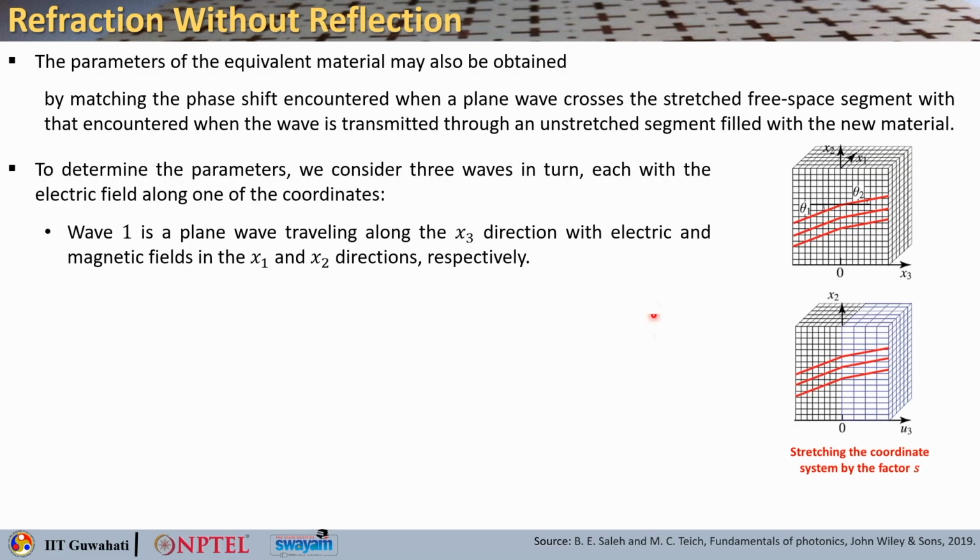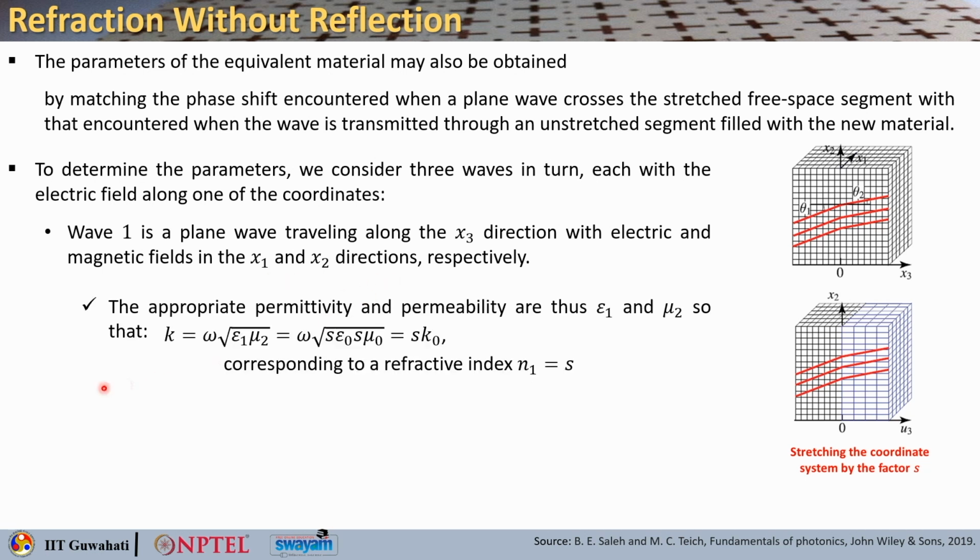So, let us first consider wave 1, a plane wave traveling along the x3 direction with its electric and magnetic fields in the x1 and x2 directions respectively. In that case, you will see that the permittivity and permeability are epsilon 1 and mu 2 because it is along x1 and x2.